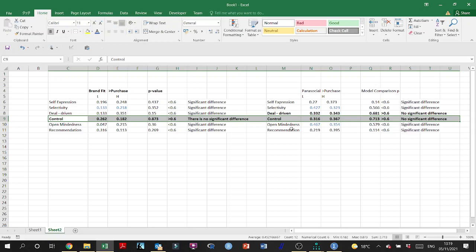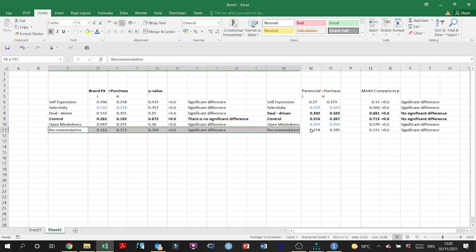The open-mindedness here is the higher the open-mindedness, the lower the parasocial impact on the purchase, but the higher the open-mindedness, the higher the impact of brand fit on the purchase. Recommendation follows the same trend. The higher it is, the higher the impact of parasocial and the brand fit.